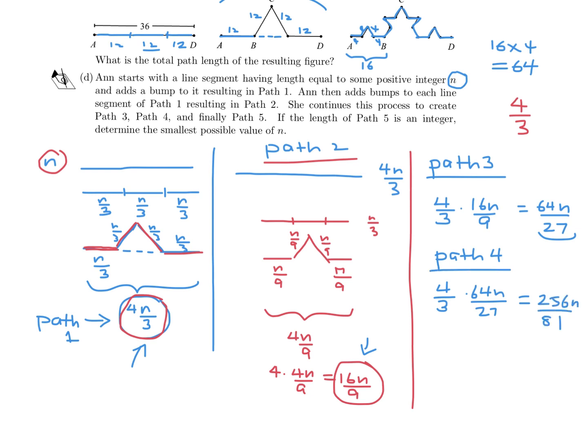And then finally, path 5 would be 4 over 3 again times 256n over 81, which is 1024n over 243, I believe. Yeah, in lowest terms, I believe.